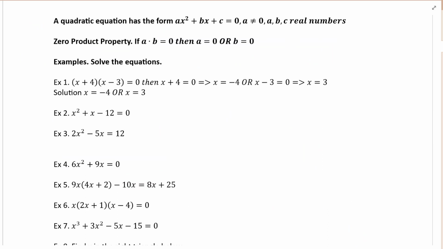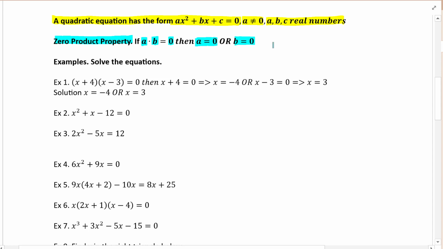So first of all, it's very important to know that a quadratic equation has the form ax squared plus bx plus c equals 0, where a is not 0, and a, b, and c are real numbers. And the very important property that we're going to use to solve quadratic equations by factoring is the zero product property, which says if you have a times b equals 0, then a must be 0 or b must be 0.